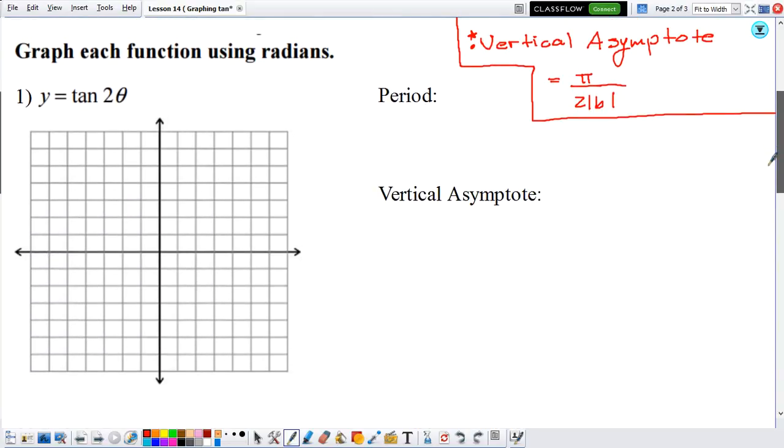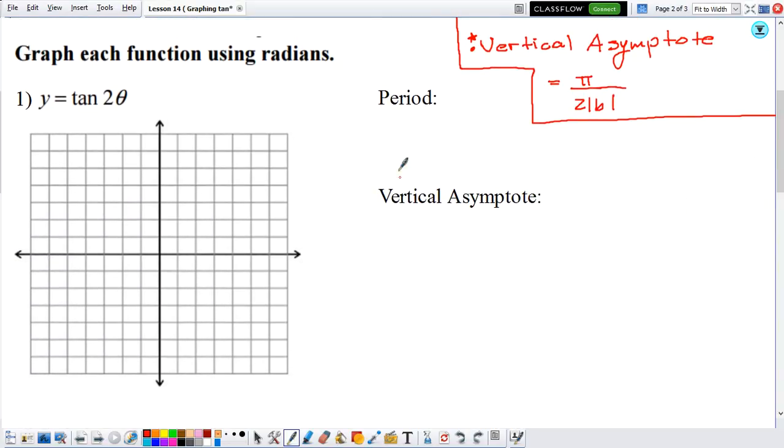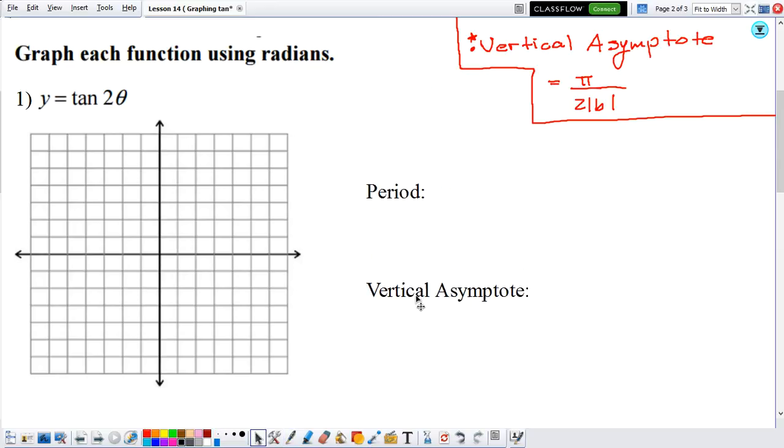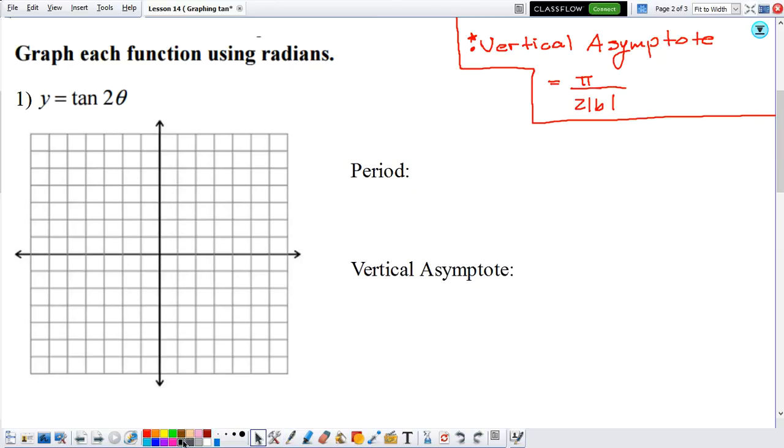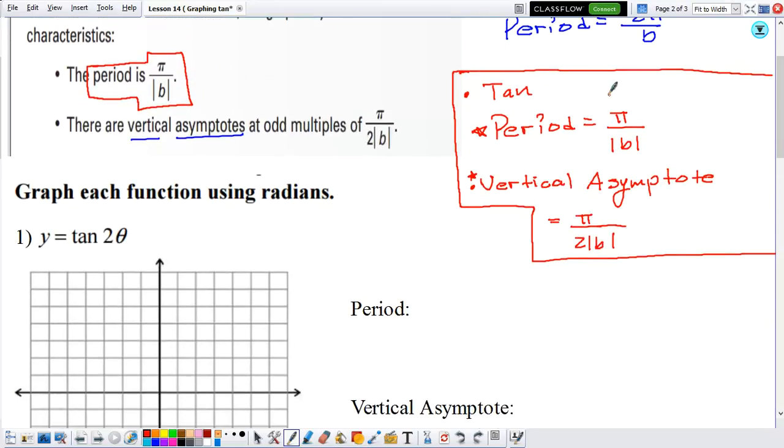Again, what you need to know is the period and the vertical asymptote. So let's write our equations again here. For the period, like it was mentioned, the period is going to be pi over the absolute value of b.